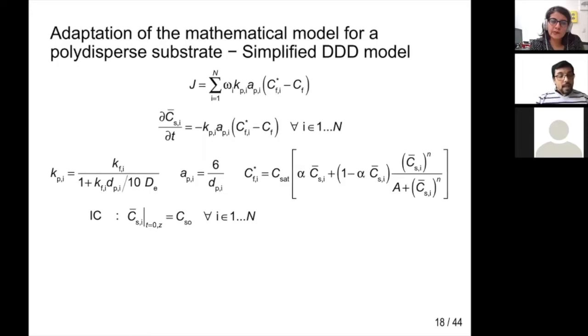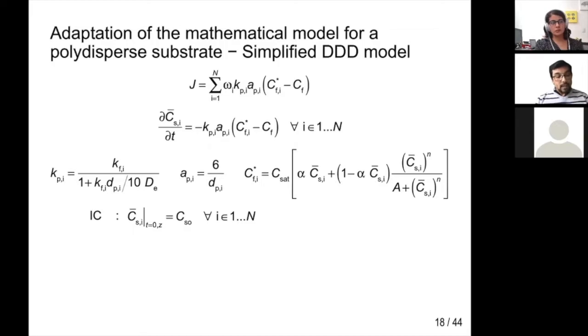This slide describes the adaptation of the simplified model to the extraction of packed beds having a particle size distribution. Similarly, we adapted the more complex general model to the same purpose. In this case, the mass transfer flux was a weighted average of the individual fluxes for each particle size fraction.